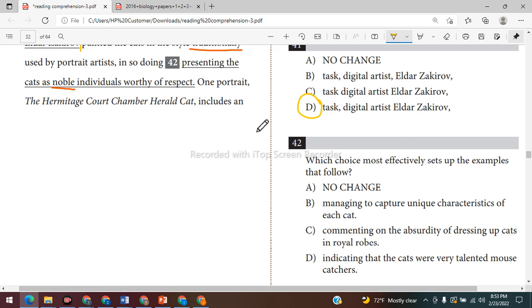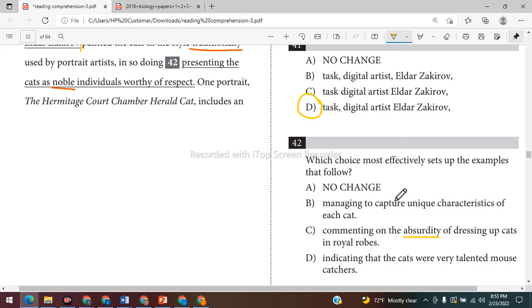Is it no change, managing to capture unique characteristics of each cat, commenting on the absurdity, and does anyone know what absurdity means? Crazy or stupid. Yes, crazy. Commenting on the absurdity of dressing up cats in royal robes, or indicating that cats were very talented mouse catchers? Or should it be no change?